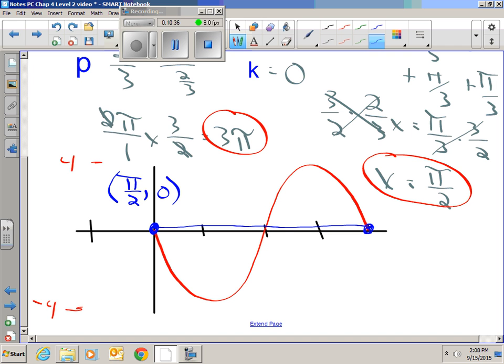Sometimes it's easier to do the first and the last together. That's going to be 3 pi later. So what's 3 pi plus pi over 2? That's going to be 3.5 pi, which is, of course, 7 halves pi. 7 pi over 2, comma 0. There's that critical point right there.